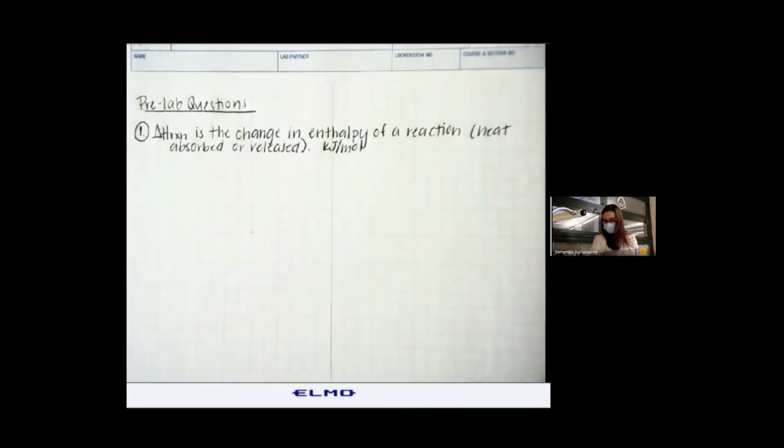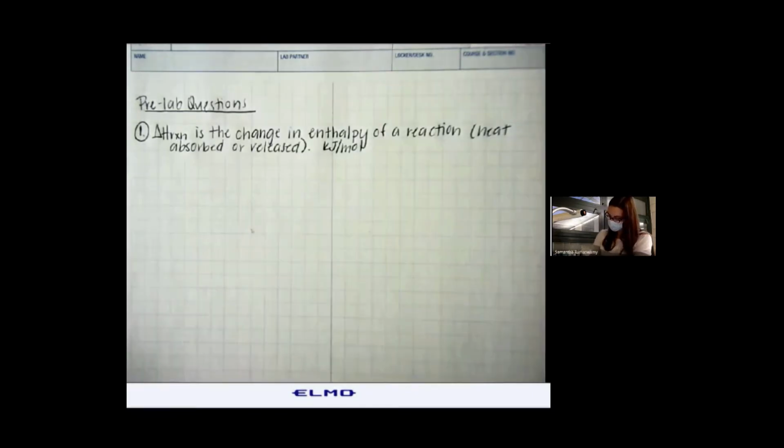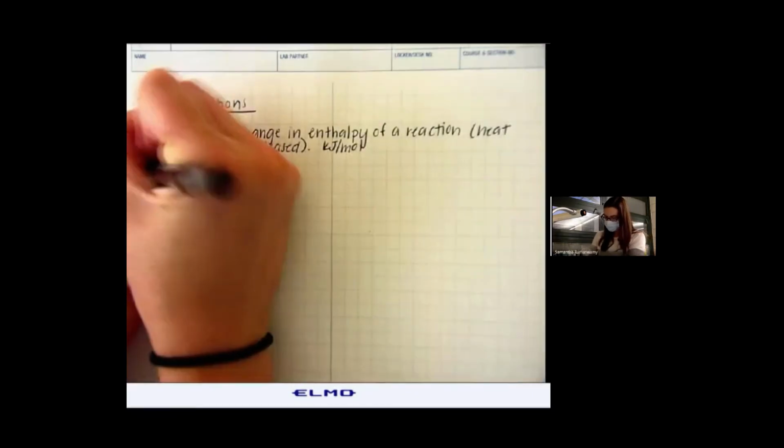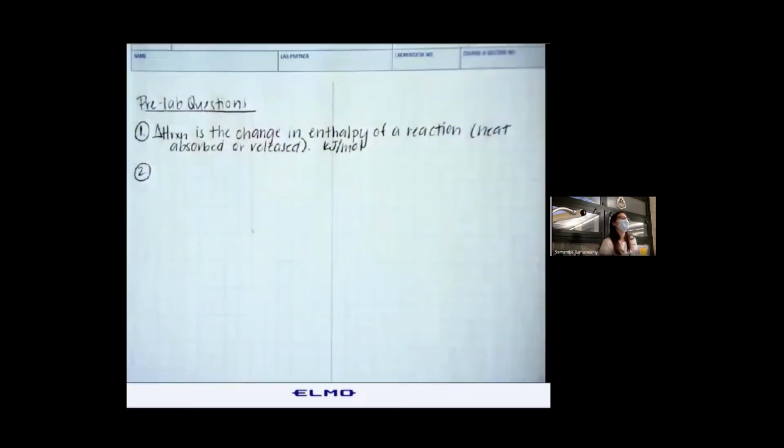Number 2, define specific heat. So 1 and 2 are just looking at definitions. For number 2, specific heat.